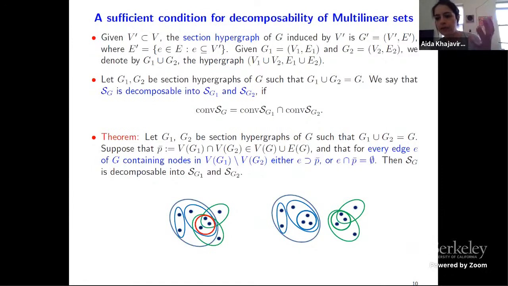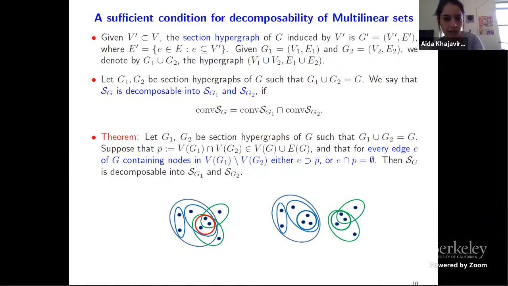If you have a set which is an intersection of a bunch of simpler sets, the convex hull of the intersection is a subset of the intersection of the convex hulls of the individual sets in general. So the two things are not the same. If it happens that by taking the convex hull of those simpler sets individually and then intersecting them, you get the convex hull of the intersection, that would be great because that simplifies your life a lot.